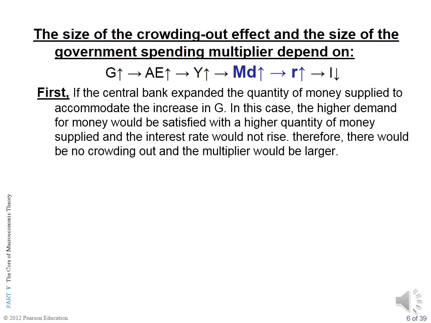Therefore, there would be no crowding out, and the multiplier would be larger. Okay? يبقى Y will increase by the full effect of the multiplier. In this case, change in Y will equal change in G times 1 over marginal propensity to save. مفيش بعد كده crowding out effect، مش هتقل تاني.